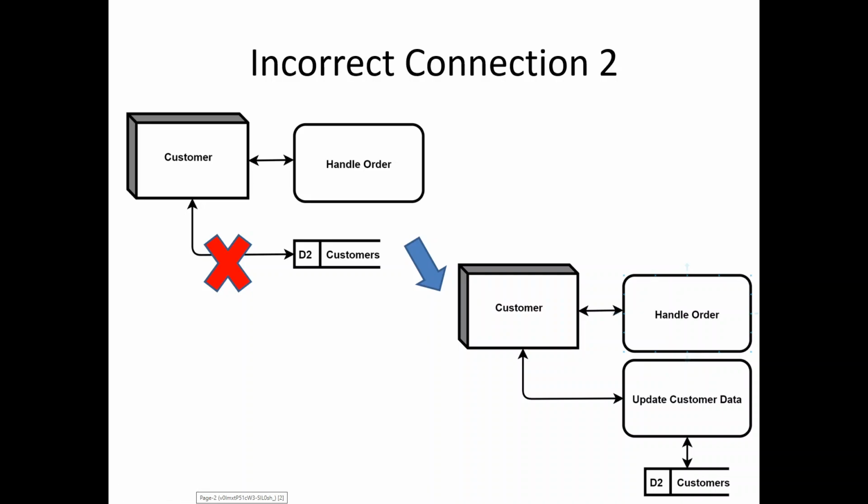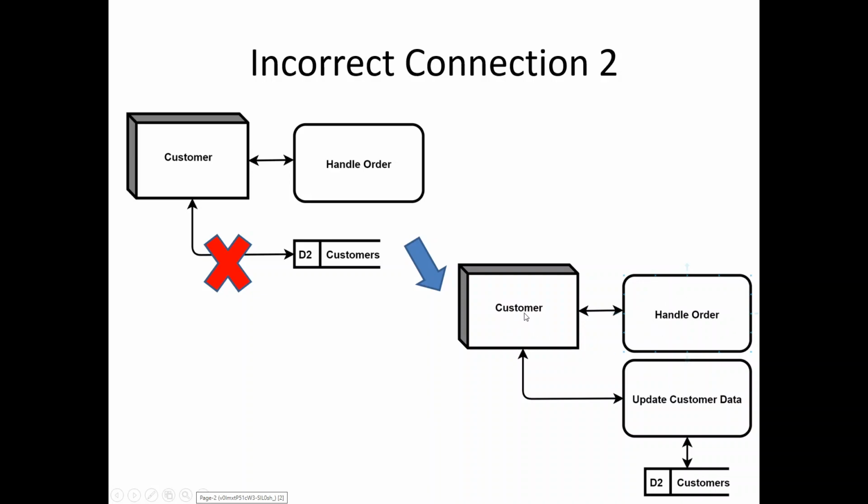So here, of course, in reality, you may say a customer should be able to update her information, right? But here, this should go through a process. So here, the correct diagram should be like this. In this diagram, just like here, this customer can communicate with a process called handle order.